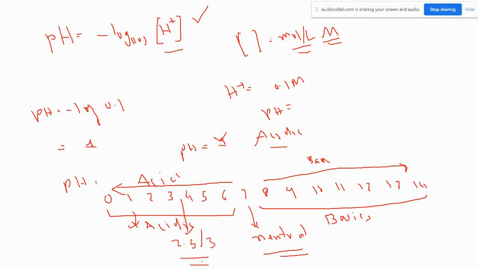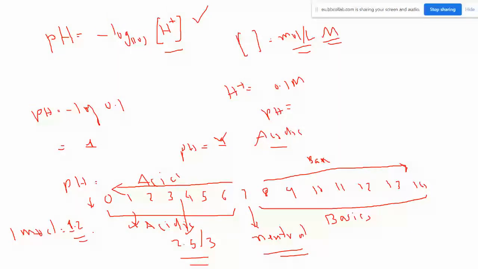If you drink it in the morning before breakfast, it will increase the acidity level of your stomach, because your stomach is already 1 molar HCl. The stomach pH is 1 or 1.2 like this. And then you are adding more acid, so it will increase the acidity of your stomach.